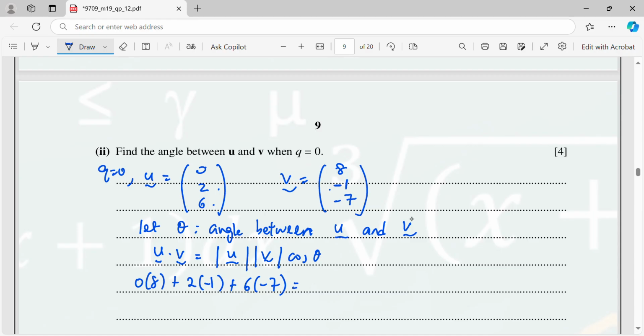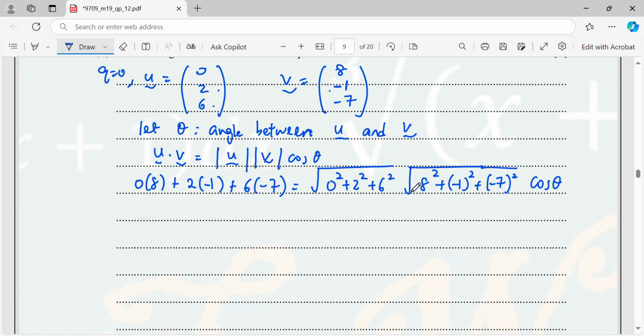That equals to, the magnitude is basically square root of each component. So 0 squared plus 2 squared plus 6 squared for the magnitude of u. Magnitude of v is going to be 8 squared plus minus 1 squared plus minus 7 squared. Then cos theta. From the left hand side, you will be getting minus 2 minus 42.